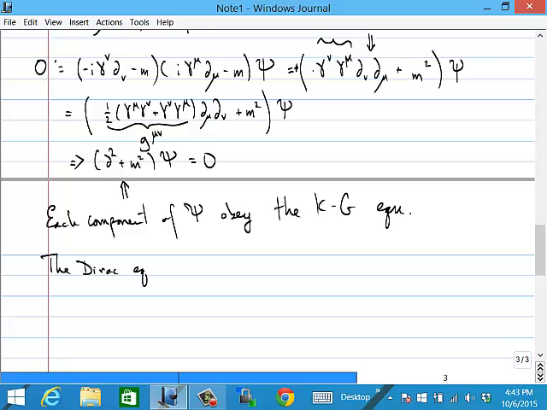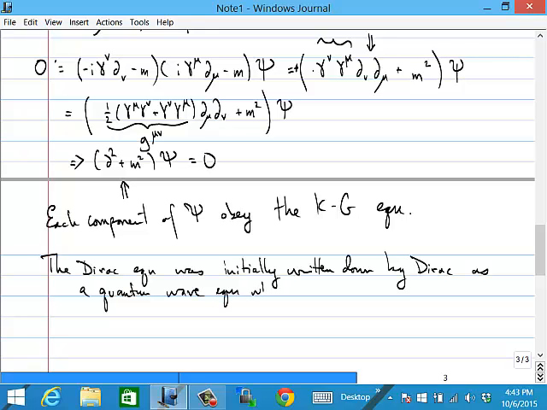The Dirac equation was initially postulated by Dirac as essentially a quantum wave equation which is sort of the square root of the Schrodinger equation, in the following sense.